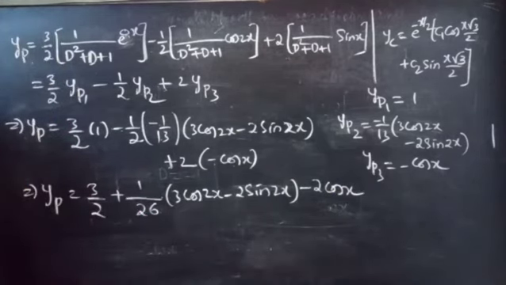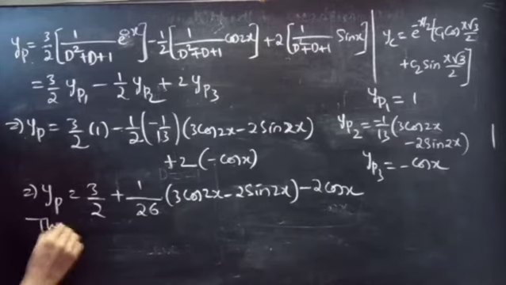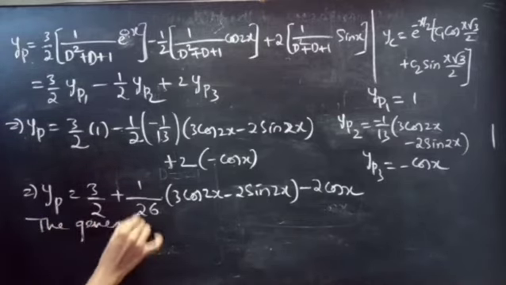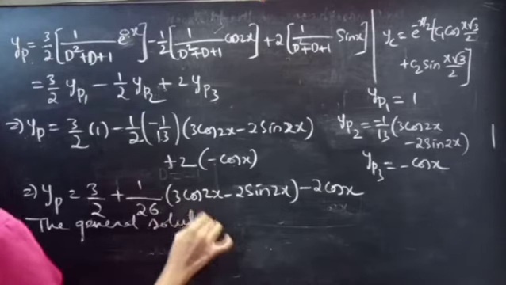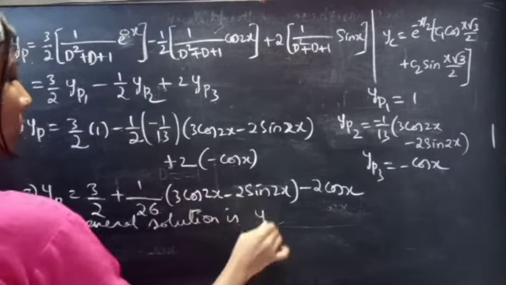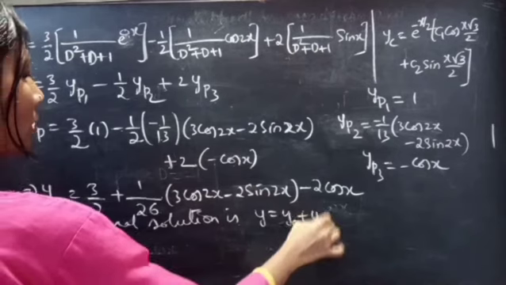Now we can write the general solution. Therefore the general solution is given by y equals yc plus yp, right?